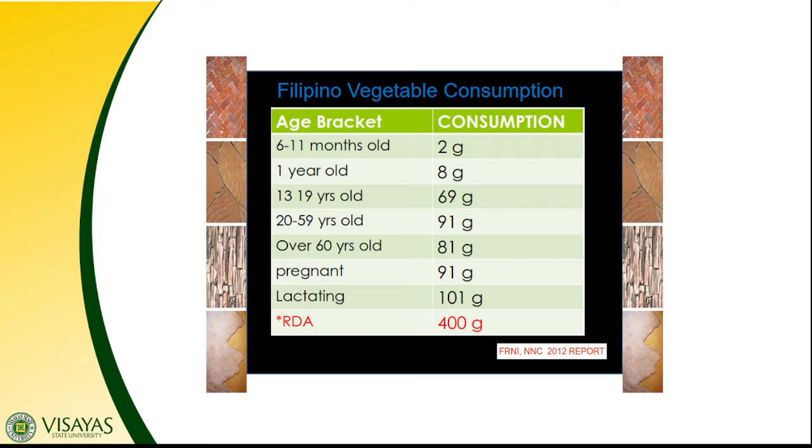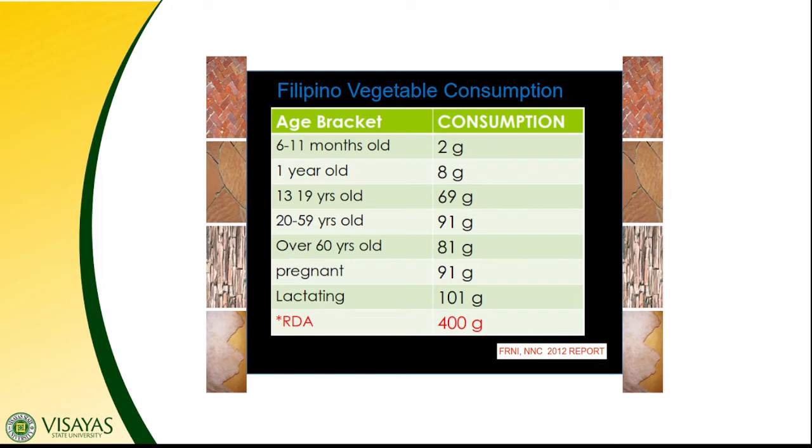Now for 20 to 59 years old, I am in this category, so we are eating 91 grams of vegetables a day. Over 60 years old is 81 grams. Pregnant women, 91 grams. Lactating is 101 grams.